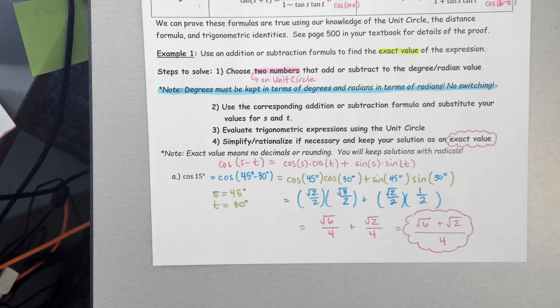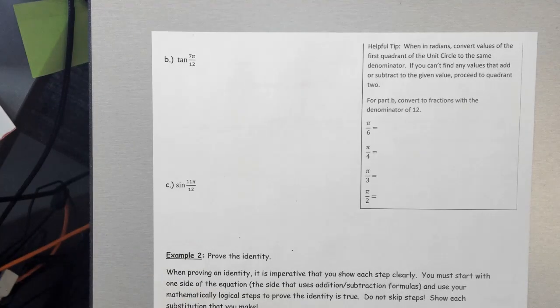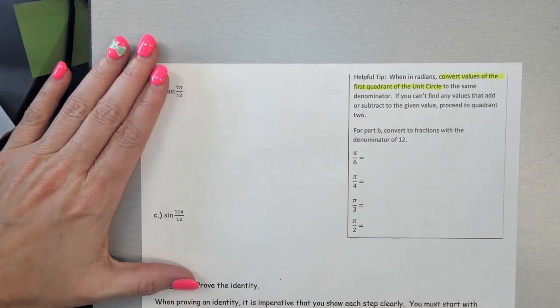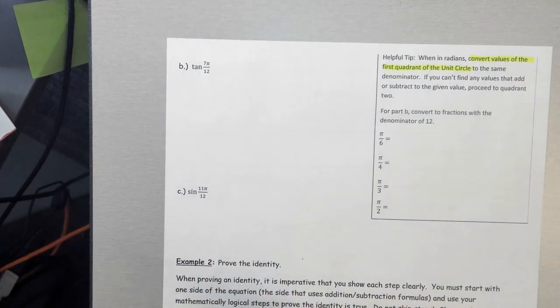Okay, because we have the pi over 3, the pi over 4, the pi over 6, in order to translate that to a denominator of 12, I always find it helpful to take that first quadrant and convert so that you can look and see which ones add to 7. Okay, some of you might not have to do that, and that's okay. Okay, but with your radians, sometimes it's easier to convert those values of the first quadrant so that they all have the same denominator.